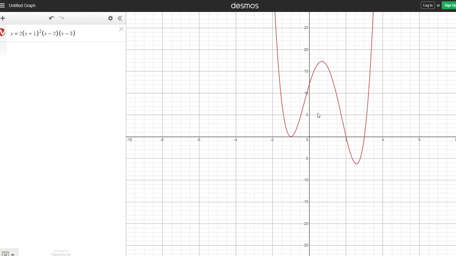It certainly looks a whole lot like what we just saw. Compare it to what you see in print. There's that y-intercept of 12. Right? There's the bounce off at -1 and the cut through x-intercepts at 2 and 3. It's exactly what we expected to see. So, looking good.